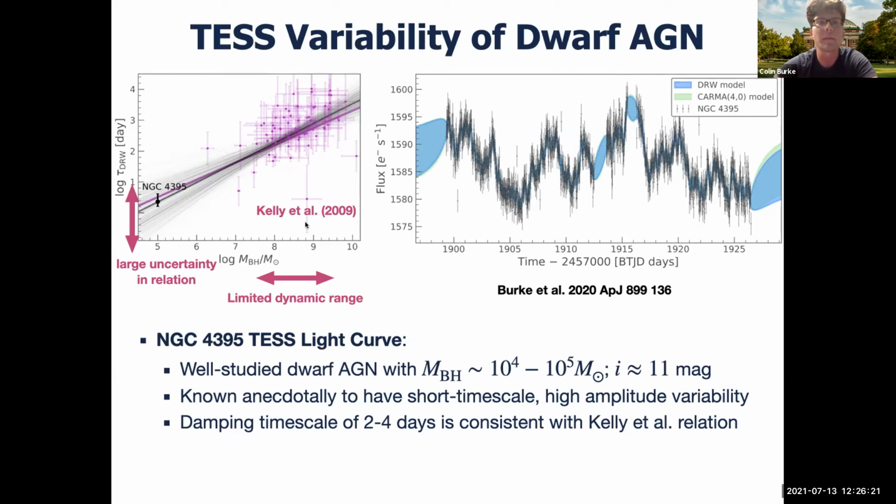And our data point here with 4395, with black hole mass of just roughly 10 to the 5 solar masses, I was happy to see was almost exactly as we would expect from the previous work over 10 years ago. But the uncertainty in this relation, especially at the low mass end, is quite large, as you can see. And some of that is due to the limited dynamic range of the sample, from 10 to the 8 to roughly 10 to the 9 solar masses in black hole mass.